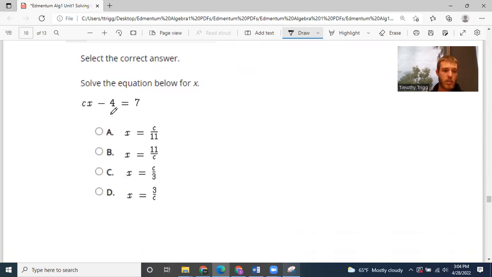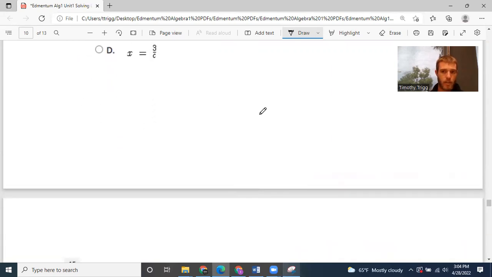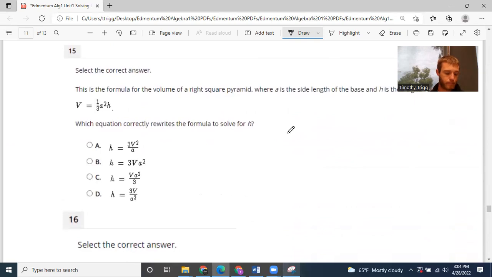Solve the equation for x here. Well, my first step will be to use the addition property of equality, adding 4 to both sides of the equation. See if you can do it from there. Here we're solving for h. I think we did this exact one earlier. Okay.